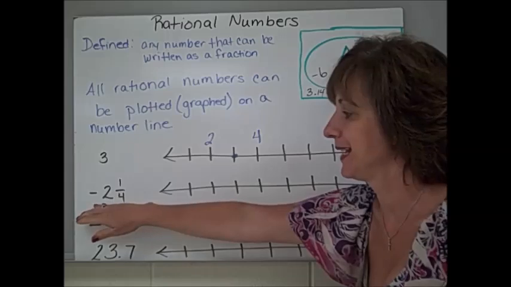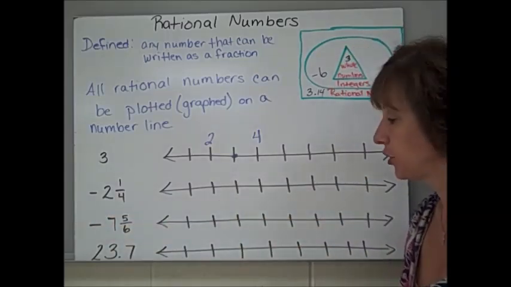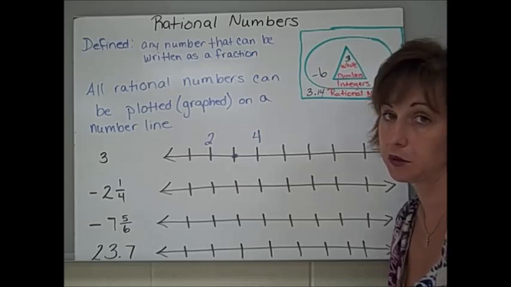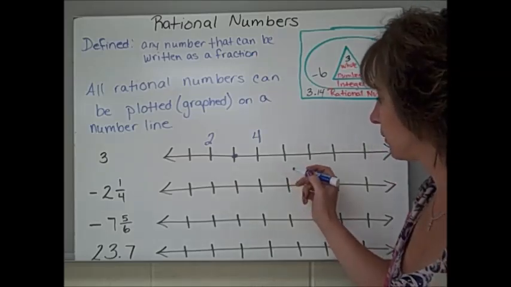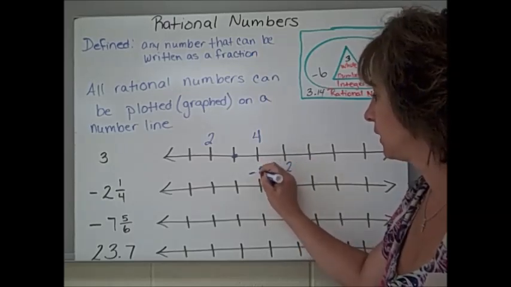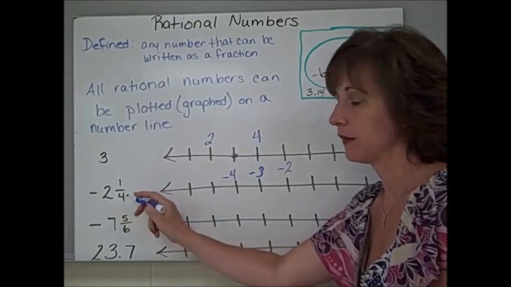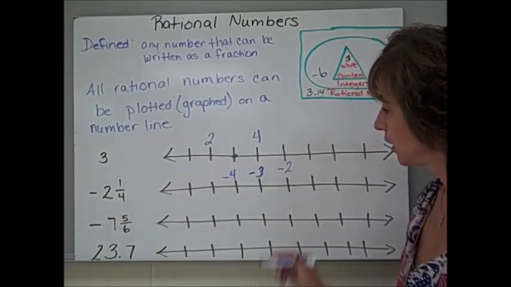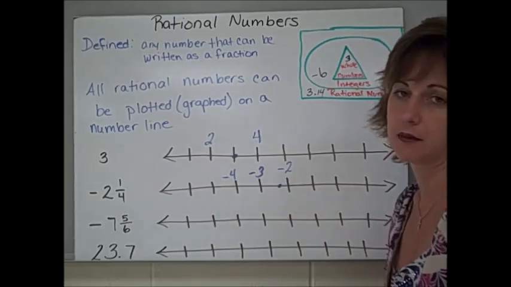Now I have to plot -2 and 1/4. -2 and 1/4 comes between -2 and -3. So my number line might look like this: -2, -3, -4. And -2 and 1/4 would be closer to -2 than it would be -3.